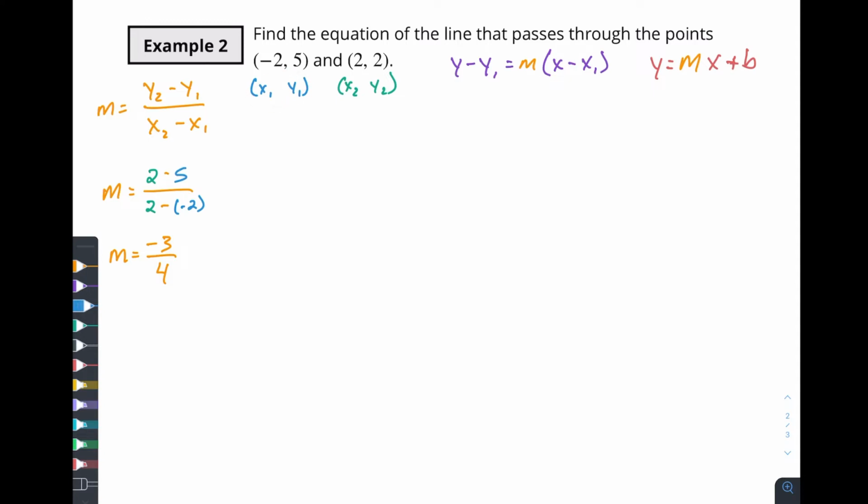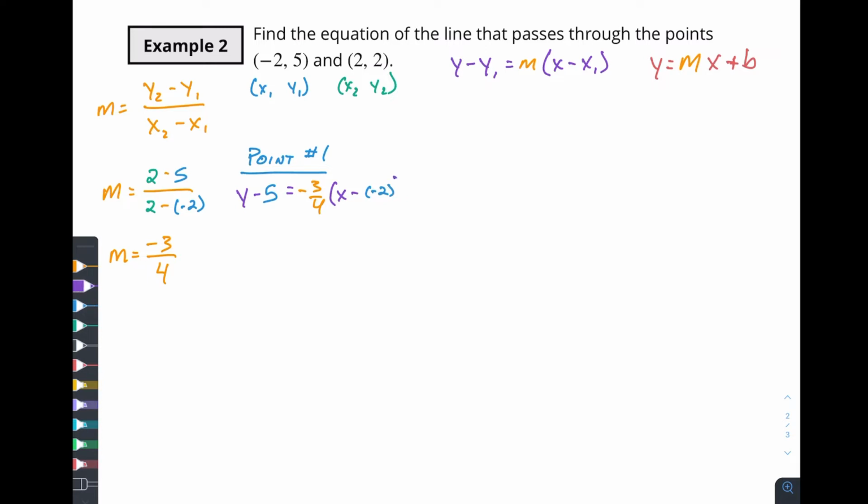We'll use our first point, number 1. And that's going to be y minus y1, which is 5, equals our slope, negative 3/4, times x minus x1, which is minus 2.